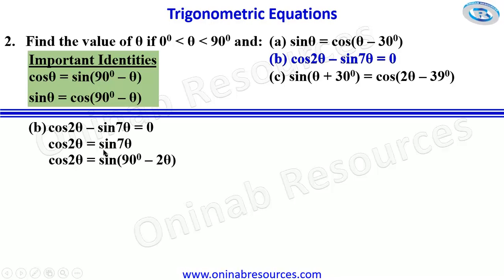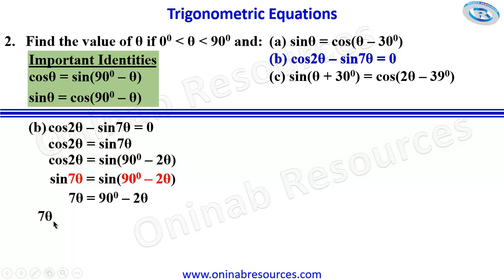The left hand sides are equal, so the right hand sides will be equated, so that we have sine 7 theta is equal to sine 90 degrees minus 2 theta. Since they are both sine, we are going to have 7 theta equal to 90 degrees minus 2 theta. Take minus 2 theta to the left hand side.